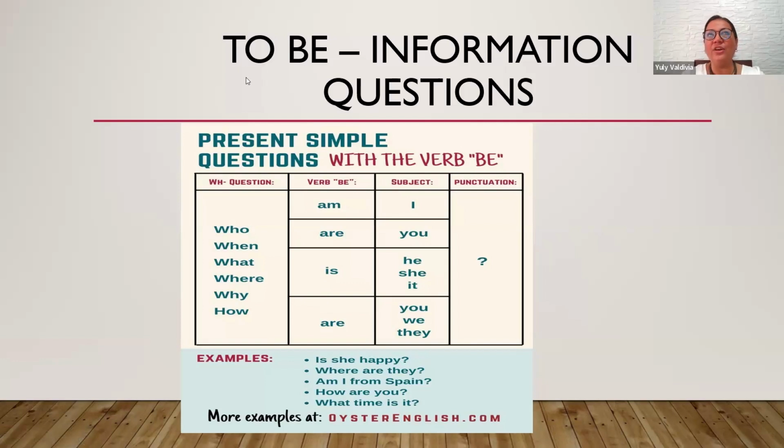Don't forget, if we want to make a question using the verb to be, we just need to change the order. Think about the correct answer for these questions. So what do we say? Hello, are you here for an English class, or am you here?